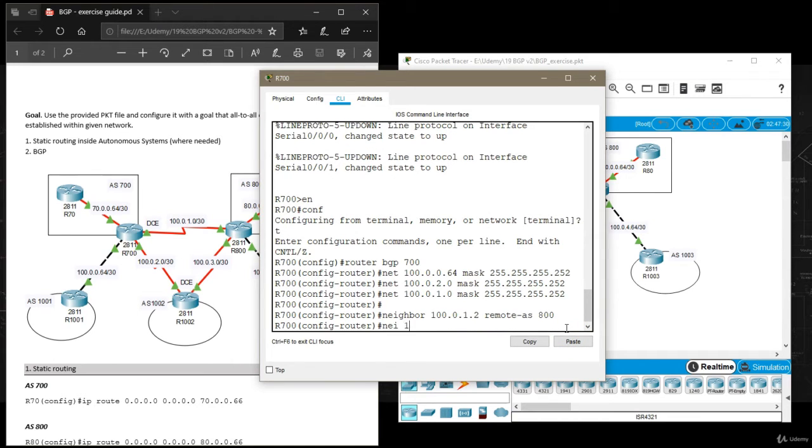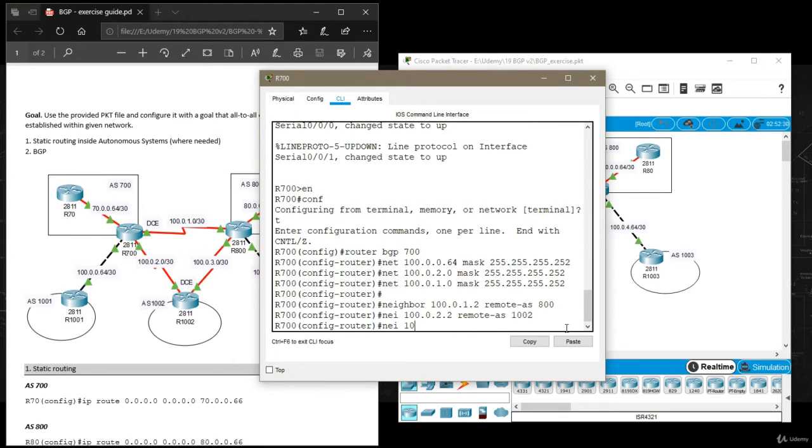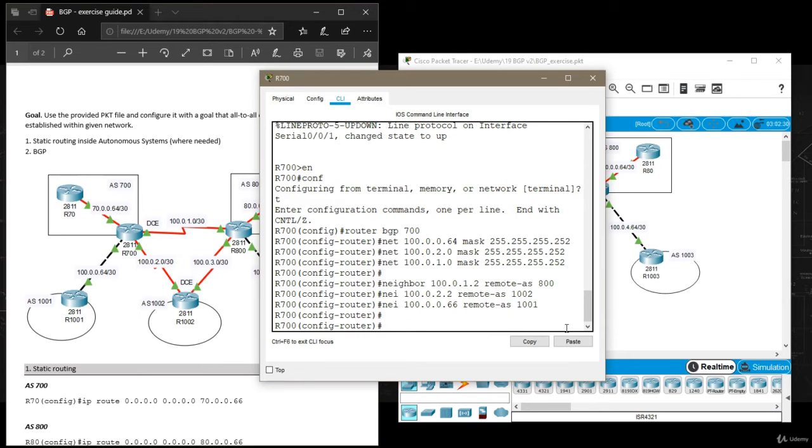Next neighbor is 100.0.2.2 with remote autonomous system number 1002. Next neighbor is 100.0.0.66 probably, and then that neighbor's autonomous system number is 1001. Last but not least, we want to advertise that internal network.